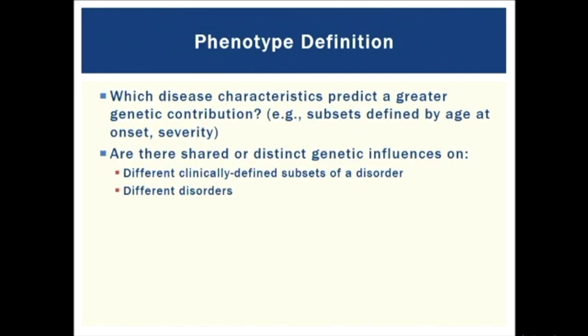But there can be other clinical characteristics that help us identify individuals who are more likely to have a genetic susceptibility, given the etiologic heterogeneity. And phenotype definition also means answering the question: are there shared or distinct genetic influences on different clinically defined subsets of a disorder or on different related disorders?